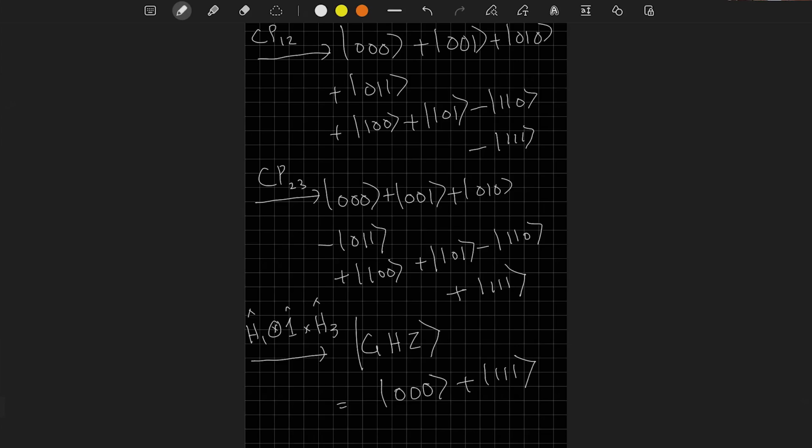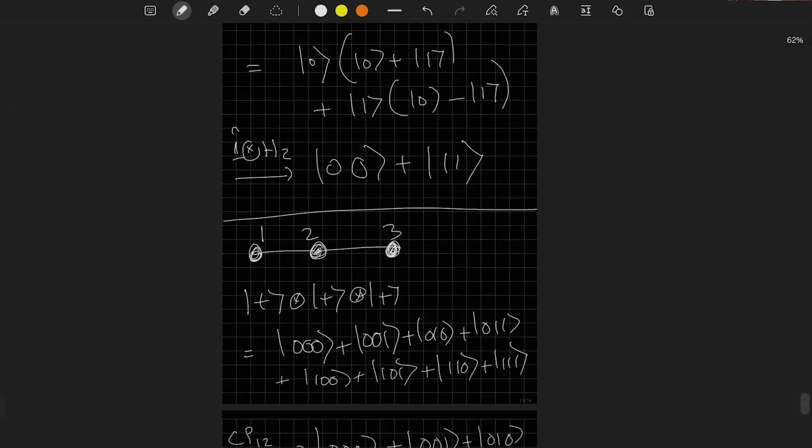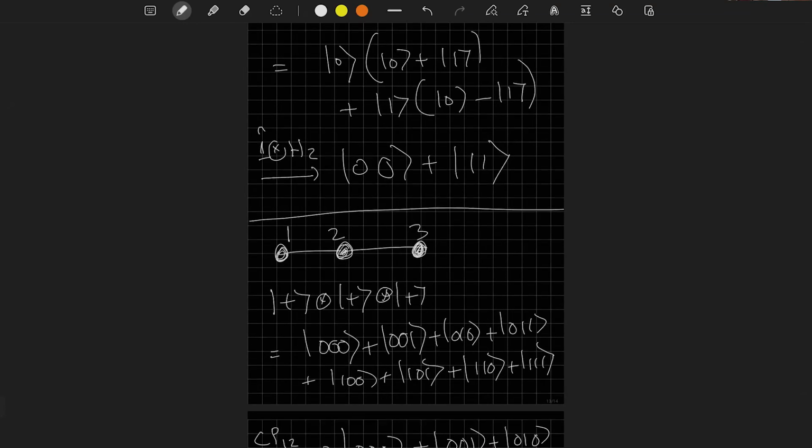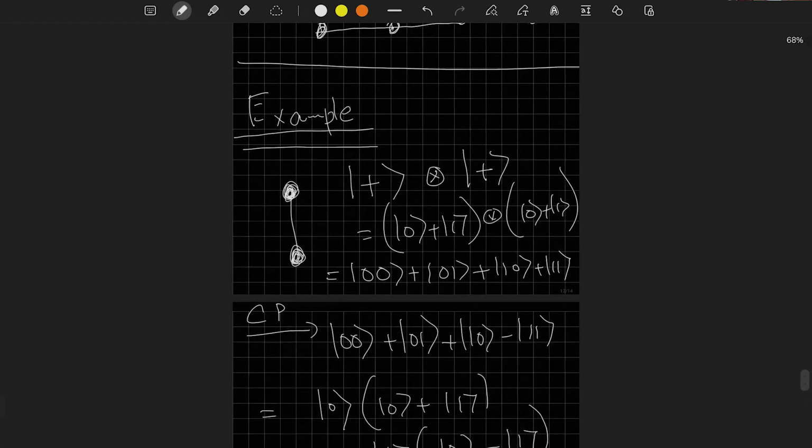I do this operation, I will get this state, the GHZ state, which is an entangled state for 3 qubits. So this cluster state that we have drawn over here really is an entangled state. It's equivalent to a GHZ state up to local transformation.